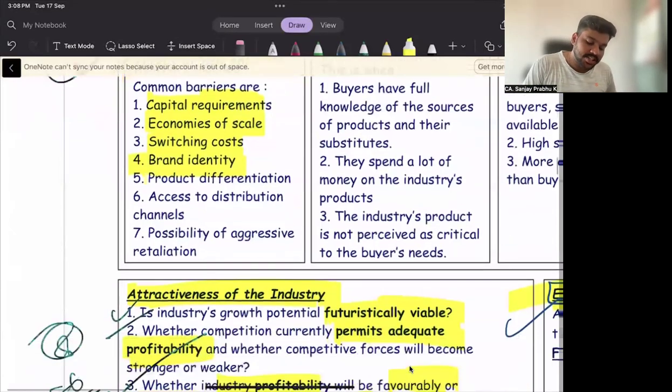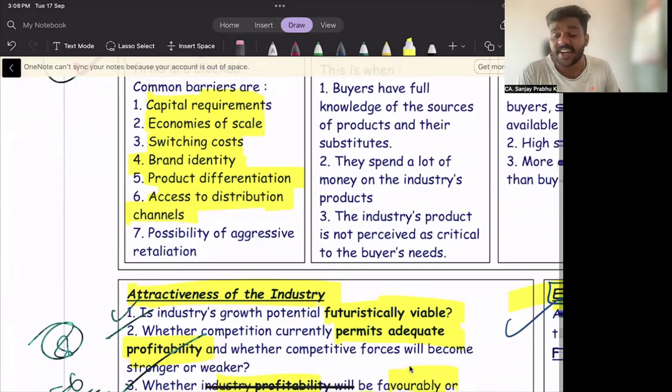Then product differentiation. Creating a different product involves cost. So a new entrant will find it very difficult to create a genuine differentiation in the product. Differentiation means how your product is different from the other products. And to create a genuine differentiation, a huge amount has to be invested in the research and development department, which is very difficult for a new entrant. Then access to distribution channels.